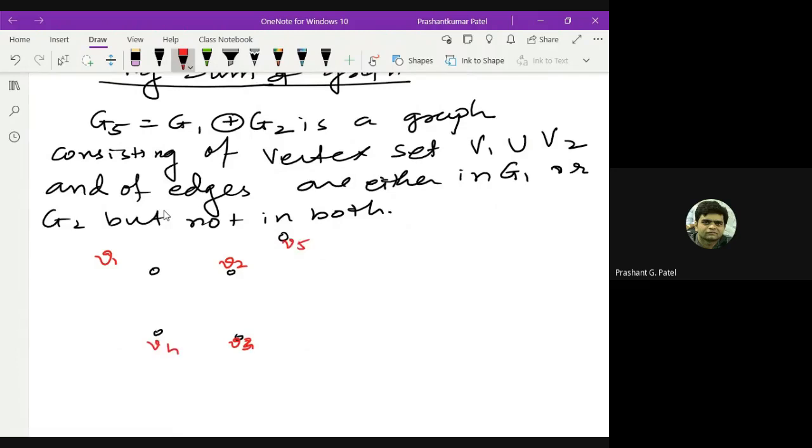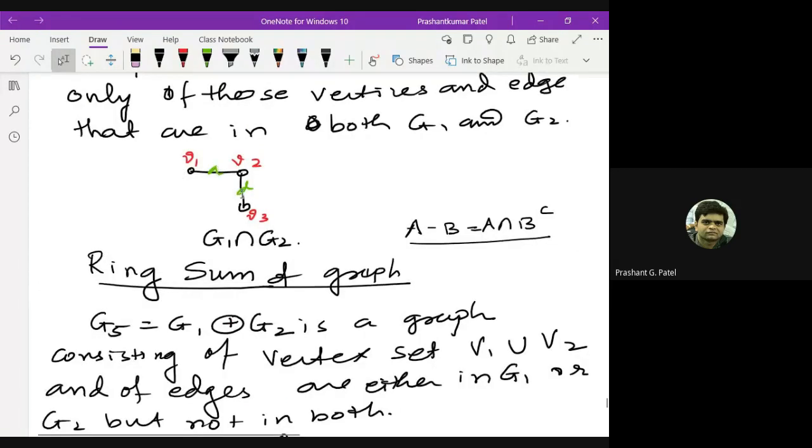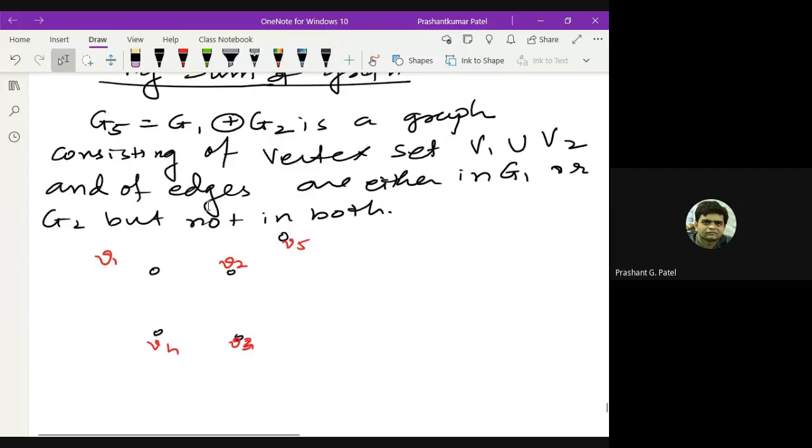As per this, the edge set are either in G1 or in G2 but not in both. So all those edges which are not in both, that means you have to subtract the intersection between them. So this edge A and D, you have to subtract from that, and all the remaining edges will be there.